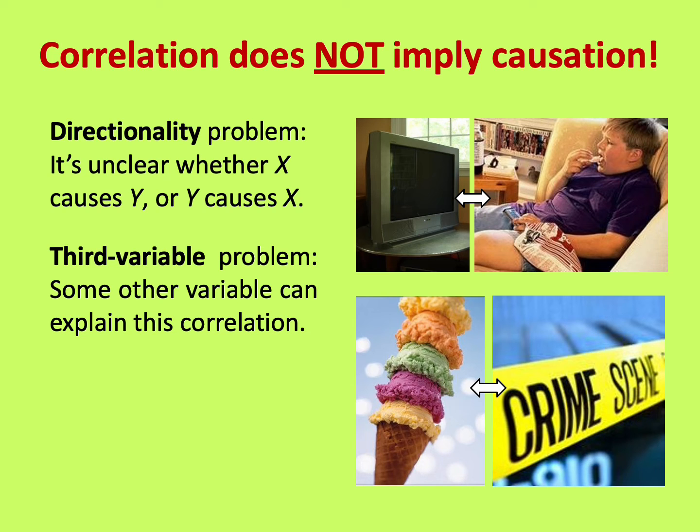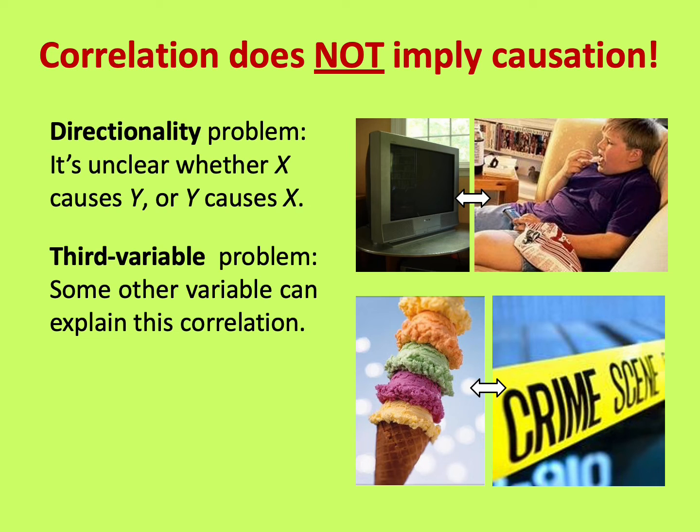So we could say that watching television increases sedentary behavior, and that causes weight to increase. Or we could say that those who are obese tend to gravitate toward a more sedentary lifestyle, right? We don't know on the basis of that relationship what is the independent variable or the dependent variable, like I said.